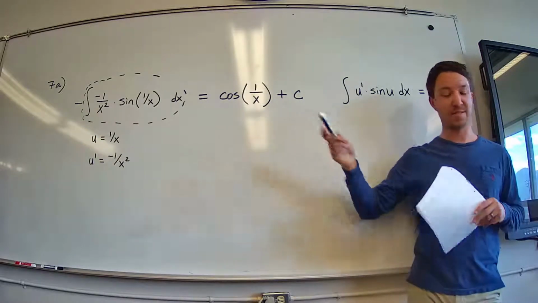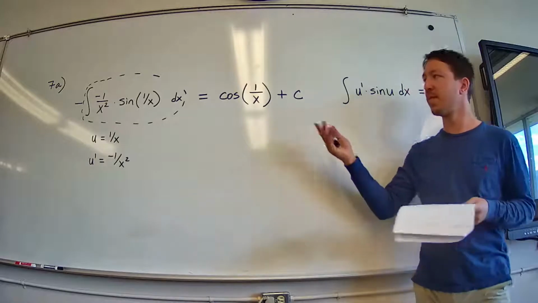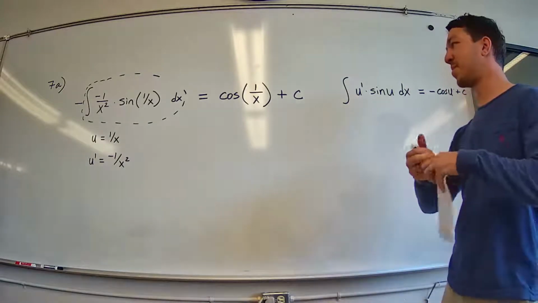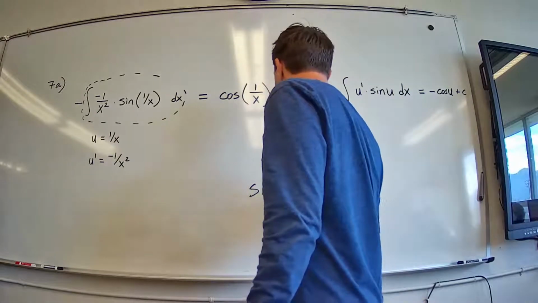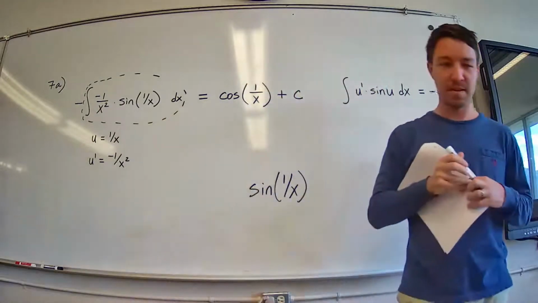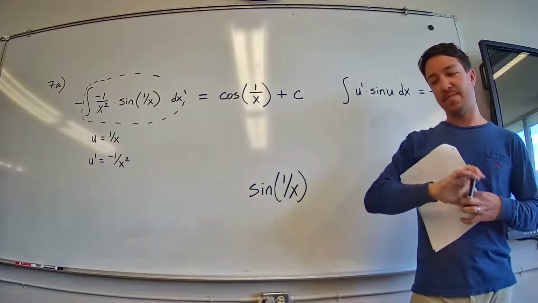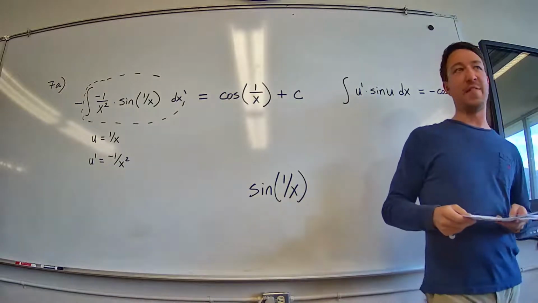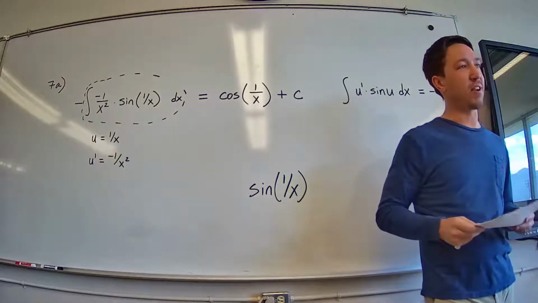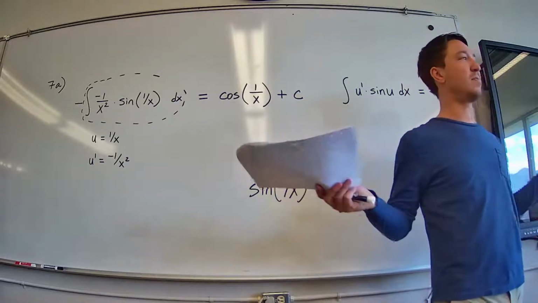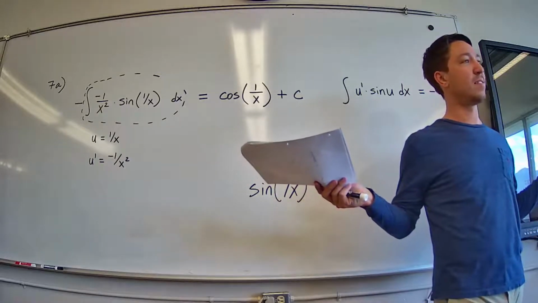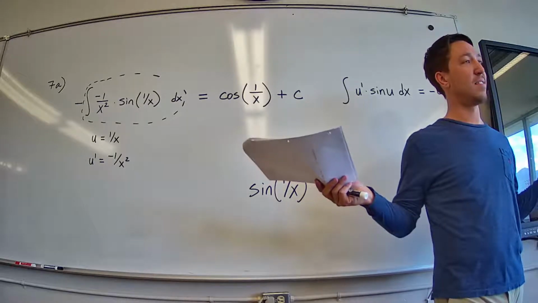By the way, you guys remember that function? It's famous. Or the sine one's more famous. This is the more famous version. I'll give 100% extra credit on the next quiz to anyone who remembers the name of it. Anyone? Sine over x.